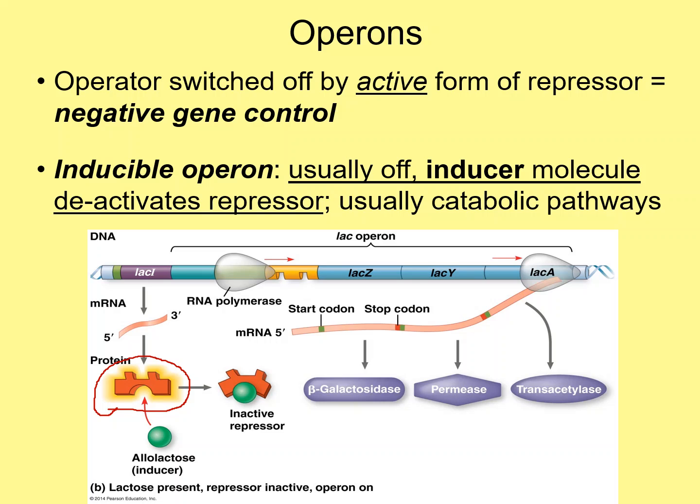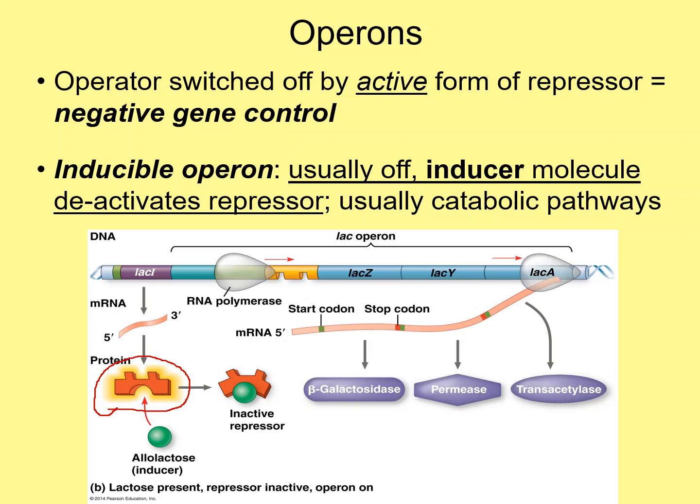So inducible operons are usually coding for enzymes that are involved in catabolic pathways, right? And way back when, remember catabolic pathways, these are pathways where you're breaking something down. In this case, this particular example is the lac operon.